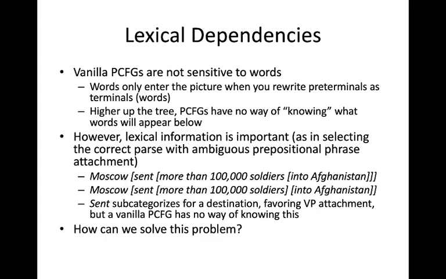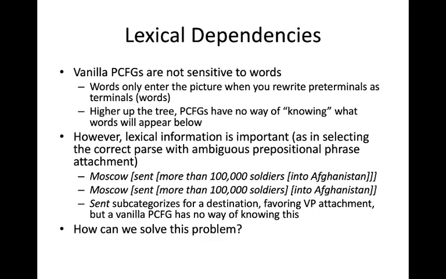Another problem is that PCFGs are not sensitive to words. So if you go higher up a tree, then a PCFG has no way of knowing what words will appear below. You can only see down one level. But it turns out that lexical information is important. That is, information about what words are there.